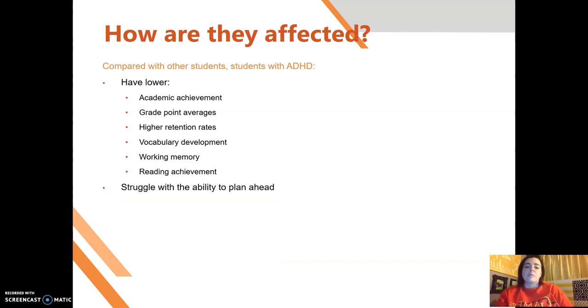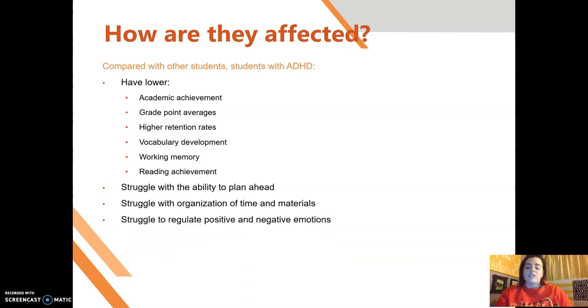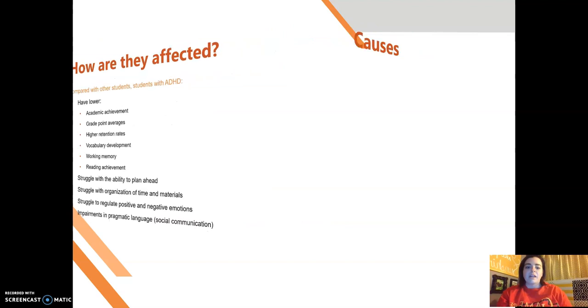They struggle with the ability to plan ahead. They struggle with organization of time and materials. They struggle to regulate positive and negative emotions. They have impairments in pragmatic language, which is like social skills, social communication. They struggle socializing with people, talking in social settings. They're just kind of socially awkward.